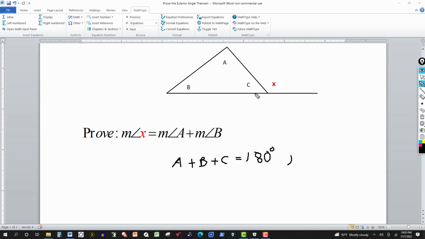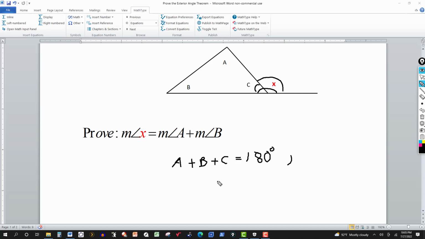Now over here, this side extended, and of course you have angle X right here. Angle X and angle C are sometimes called linear angles, because they form a straight angle. So this whole angle is 180. So angle C and angle X are supplementary.